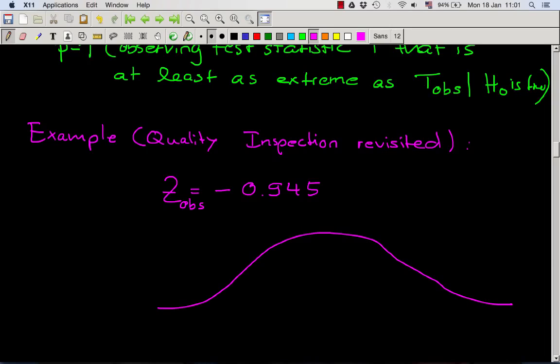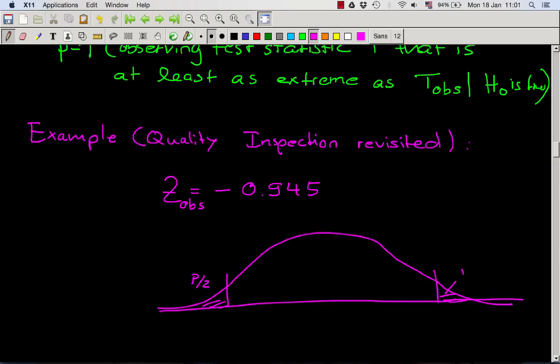This is the distribution of Z given H0 is true, and what we want is that these regions here have a probability p in the sum, so p half each of them.